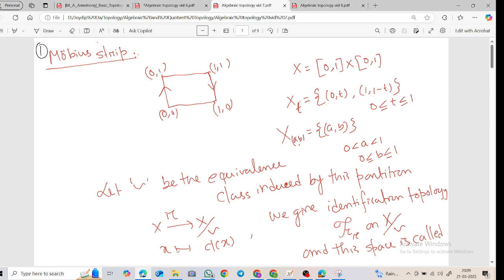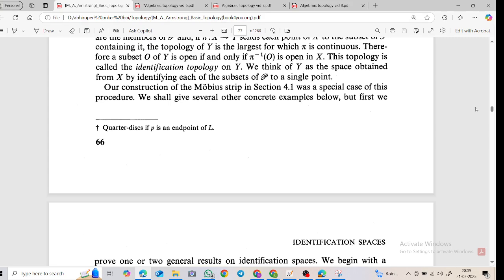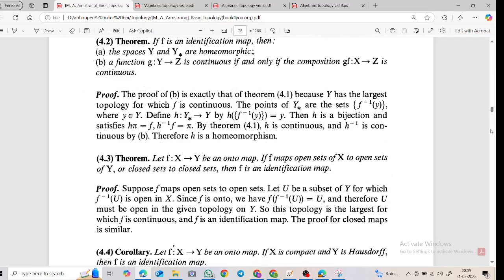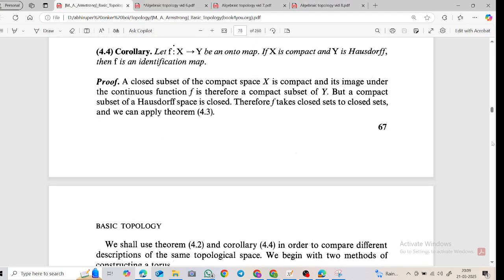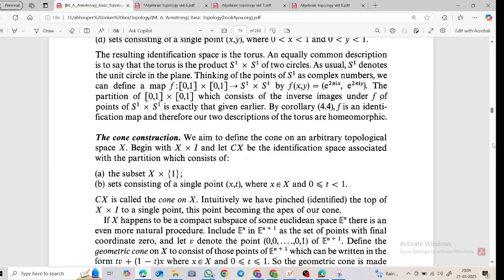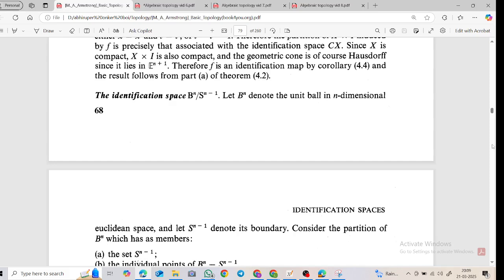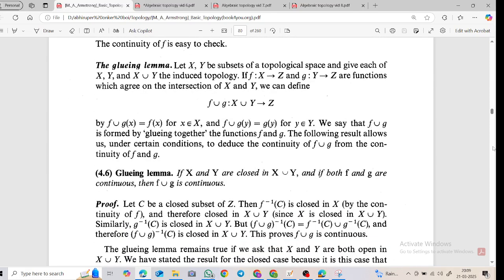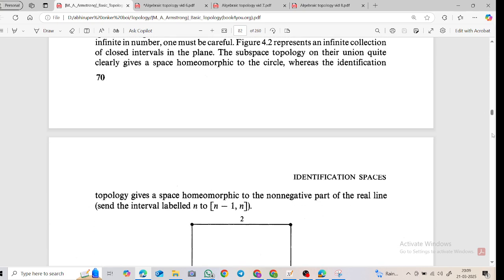I'm really planning to take one or two more classes in quick intervals, because let me tell you my goal. I want to go through this section as early as possible, the cone construction and all that. So maybe two more classes, in quick succession.